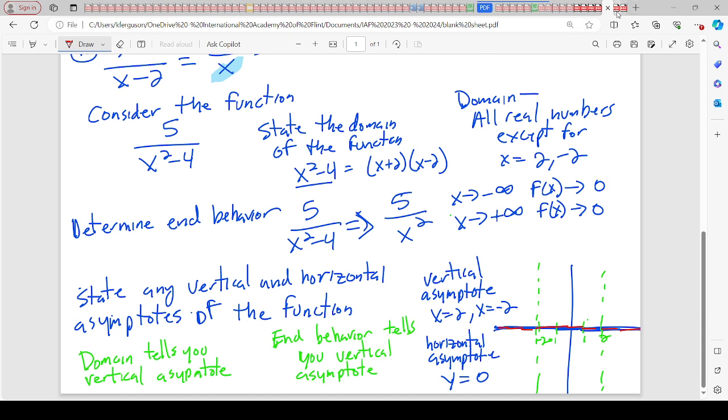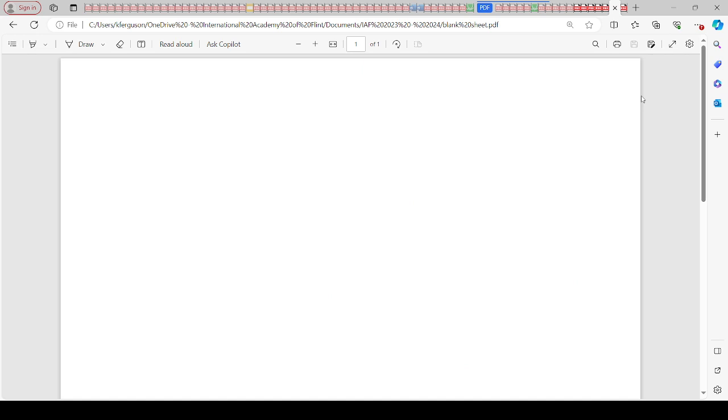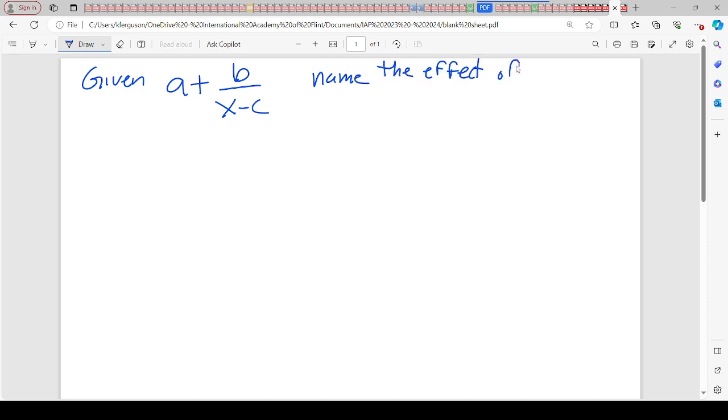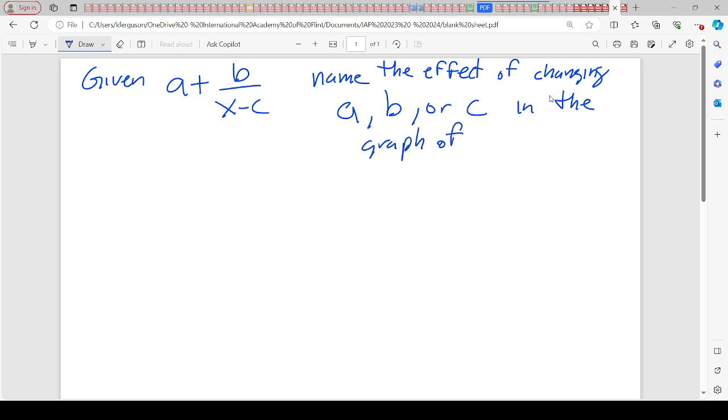Got two more things. And then we can talk about this calculator thing. So, given a plus b over x minus c, name the effect of changing a, b, or c in the graph of f of x equals 1 over x.